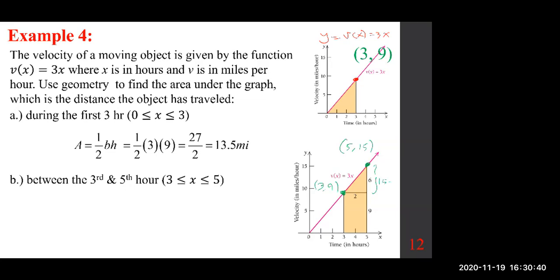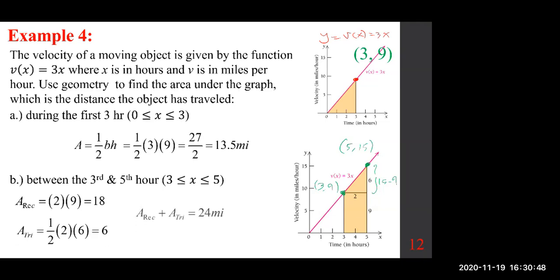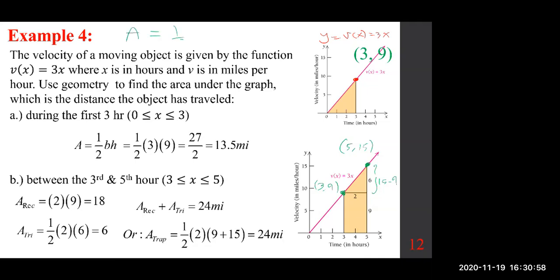Okay. However you want to look at it, you can calculate the area of a rectangle, the area of a triangle, and add them up. Or just the area of a trapezoid. And I hope you remember the area of a trapezoid. Let me just write it here, it is 1/2 the height times b lowercase plus b uppercase, or b1 plus b2.